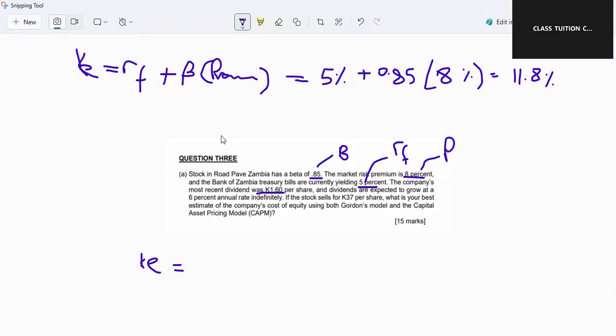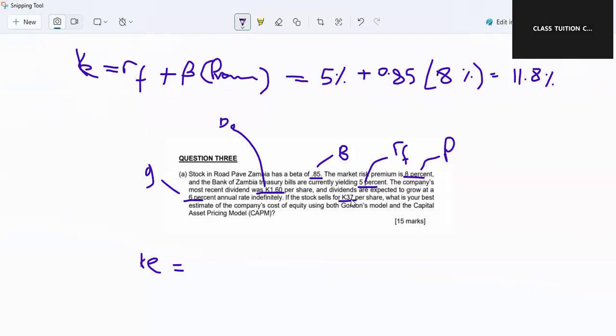What else are we given? It's expected to grow at 6%. So this is our growth, our G. And if the stock sells for 35 kwacha per share, so what is this?